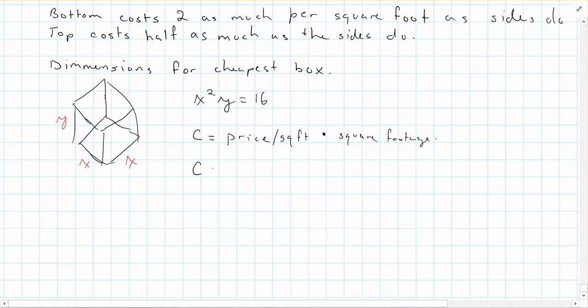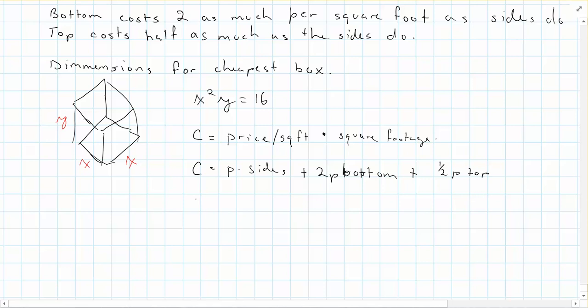So if you say cost is equal to price times the sides plus 2 times the price for the bottom plus 1/2 times the price for the top.